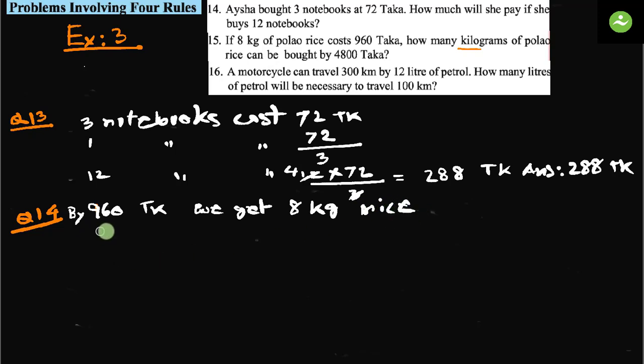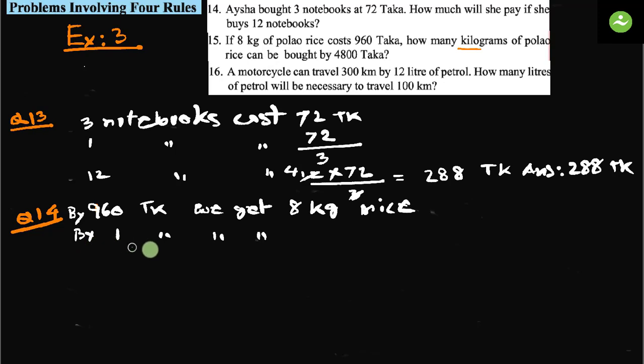So by 1 taka we always find the unit price. If you know the value of the unit, then you can find any amount. That is why at first we find the unit price.